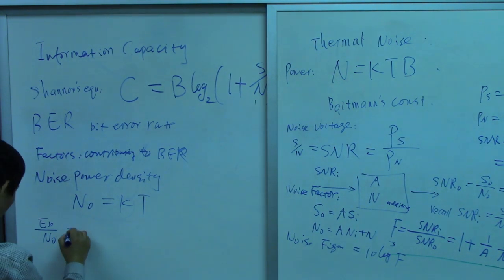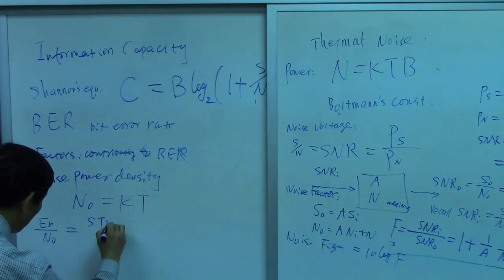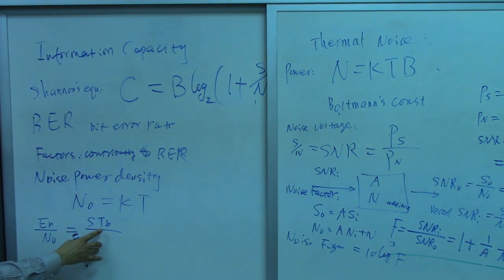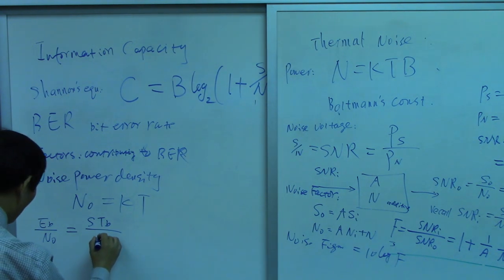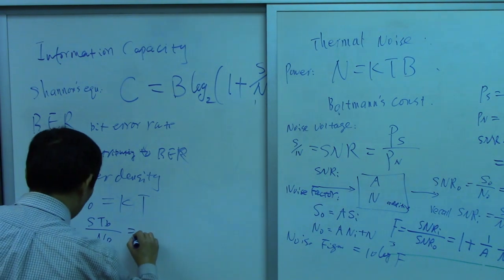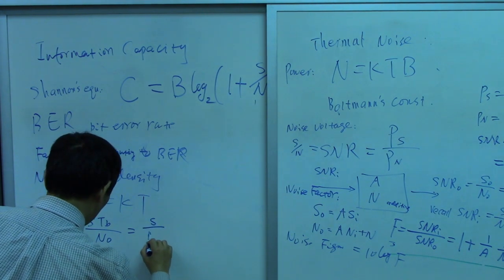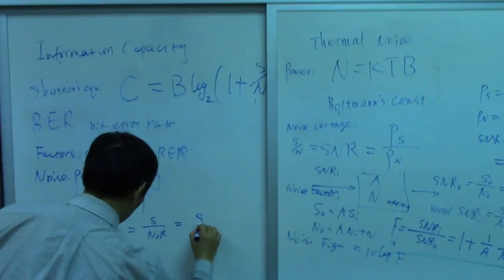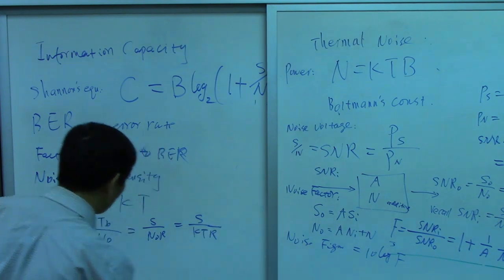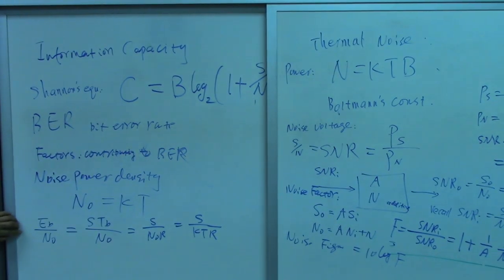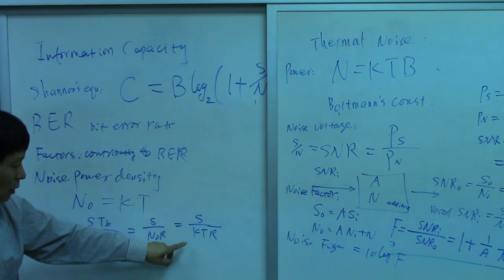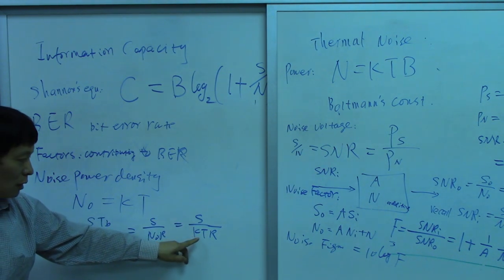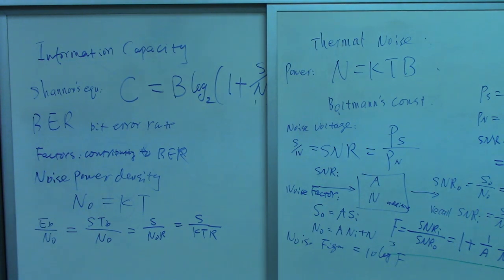Eb equals S times Tb, where Tb is the time duration per bit, divided by N0. Plugging in numbers, that equals S over N0 R, or S over K T R. So the signal energy per bit to noise power density equals signal power divided by K, the Boltzmann constant, temperature, and the transmission rate.